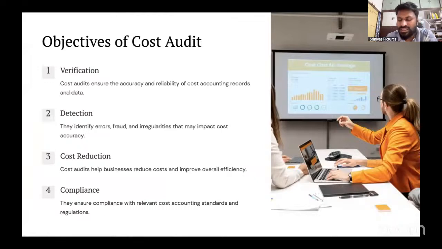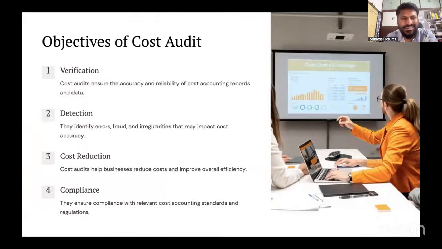The general objective talks about the general examination of cost records, whereas the social objective talks about helping to increase productivity, identify uneconomical product lines, and fix prices and control mechanisms. Based on these, I have given the cost audit objectives: verification, detection, cost reduction, and compliance.